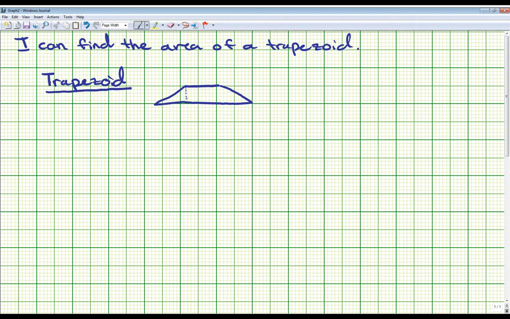Again, we have the height labeled, so I'm going to label H. H is going to stand for the height of the trapezoid. And on this particular shape, we actually end up with two bases. This on the top we call a base, and this one on the bottom we also call a base. So we're going to call this one base 1 on the top, and this one base 2.